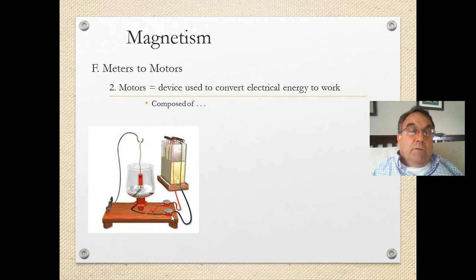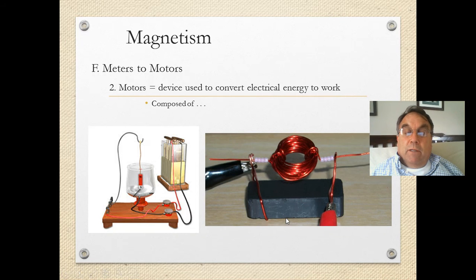The first electric motor built was designed this way, and we're going to replicate this in the next lab. So there's current running through this wire, and this was mercury, and then there was a bar magnet here, and the wire started to spin around the bar magnet.